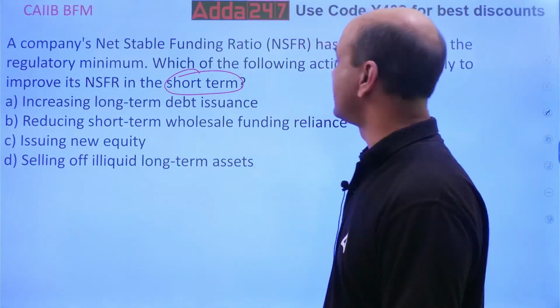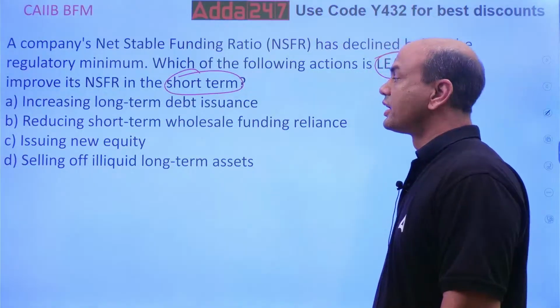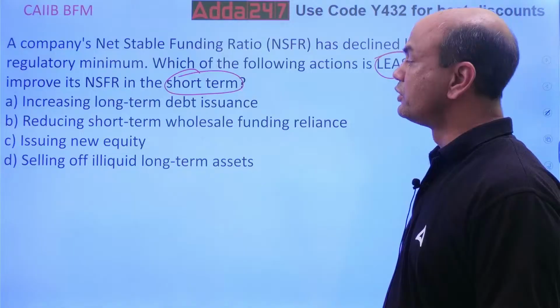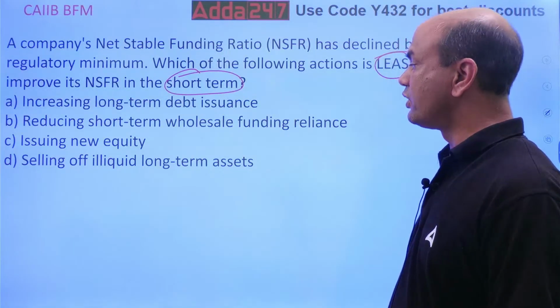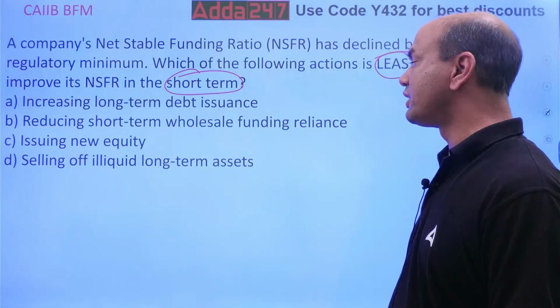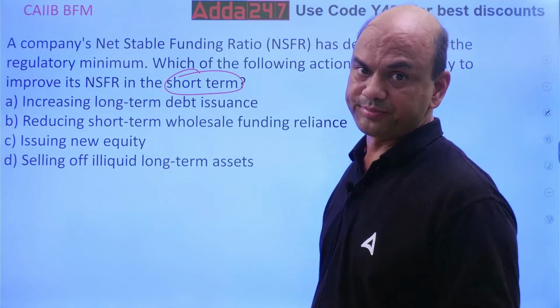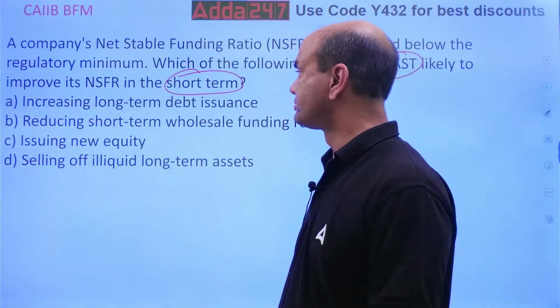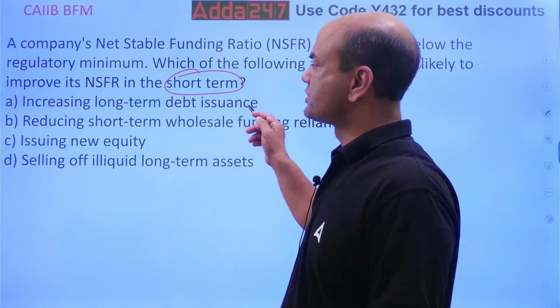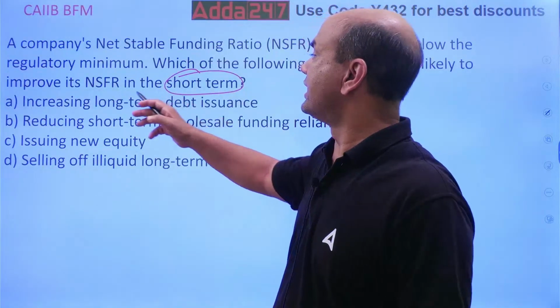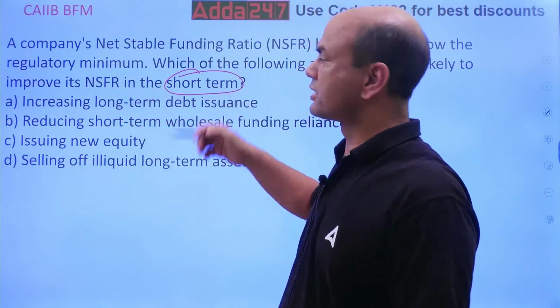Increasing long-term debt issuance, reducing short-term wholesale funding reliance, issuing new equity, selling off illiquid long-term assets. So which is of less use? Increasing long-term debt issuance. So if I increase the long-term debt issuance, will it improve the NSFR in the short term?